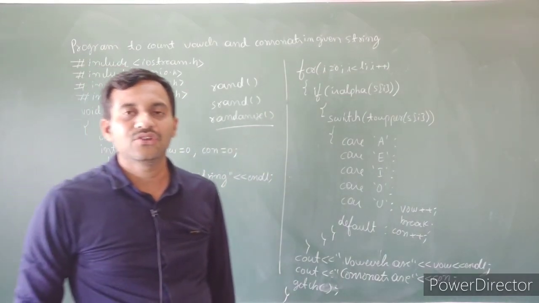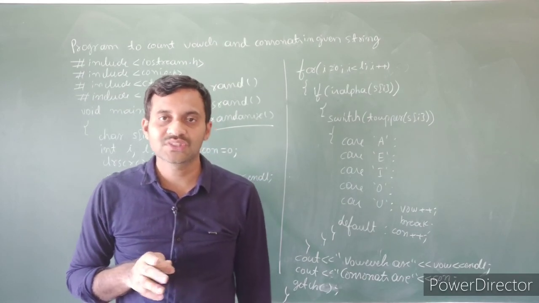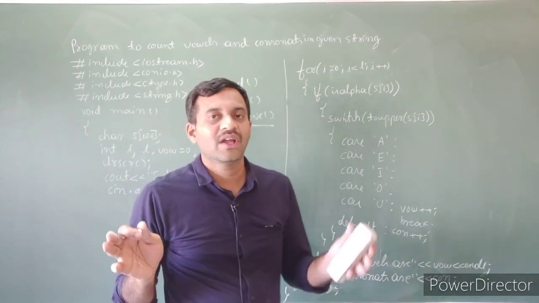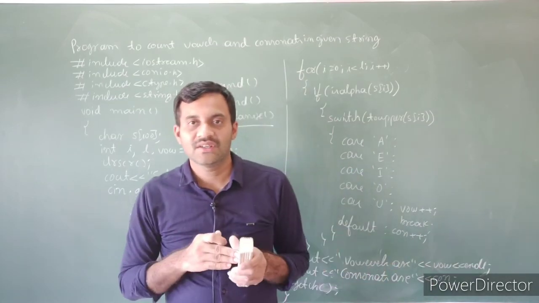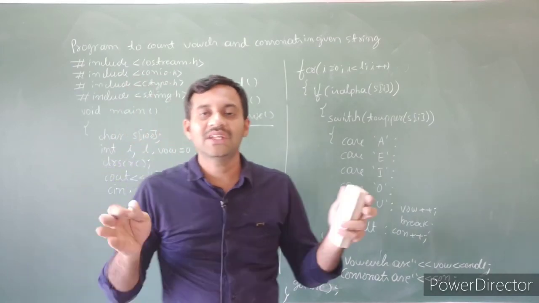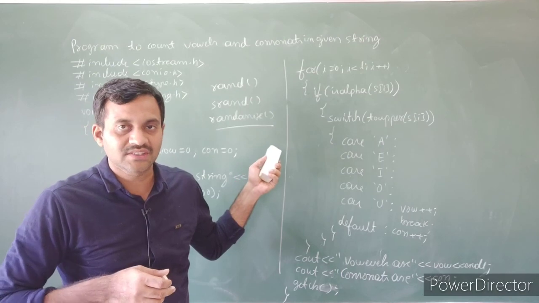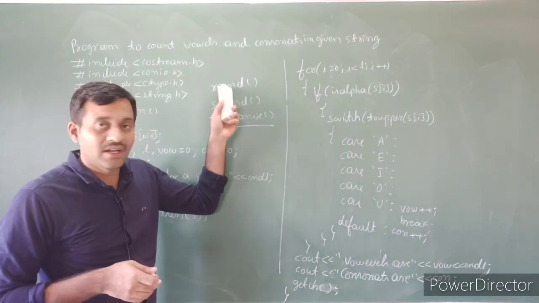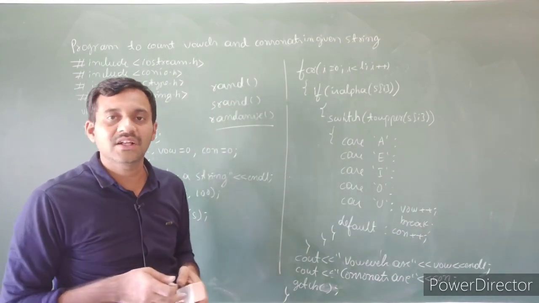These functions are used to generate pseudo random numbers. Here we give a range, for example, a range of 1 to 50. Using the randomize function, we can randomly generate a number between the range. So this is the advantage of pseudo random functions. These are also library functions. So rand, srand, randomize are the additional functions.